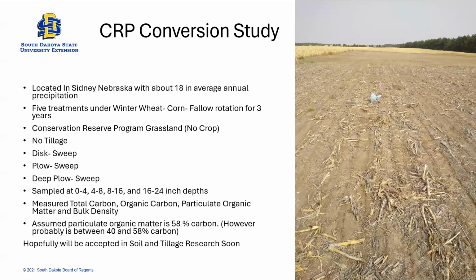Although the carbon concentrations aren't super different because they're so variable, there are really negative effects on soil structural properties when you convert grassland to cropland in this study.